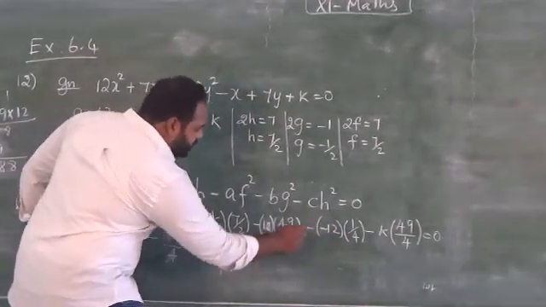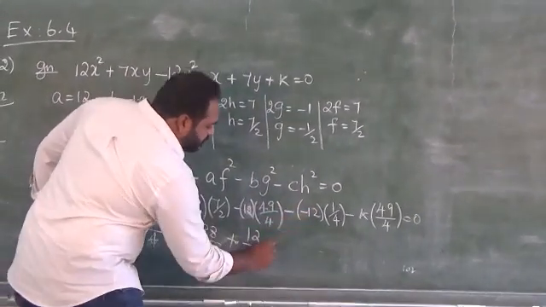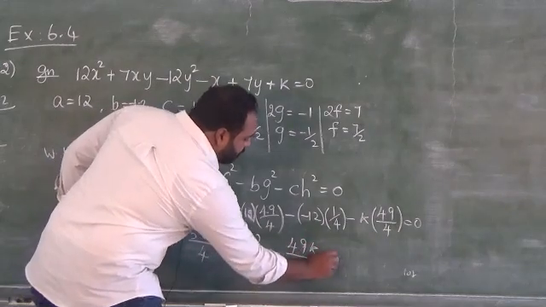Next minus into minus is plus 12 by 4. Next minus 49k by 4 equal to 0.